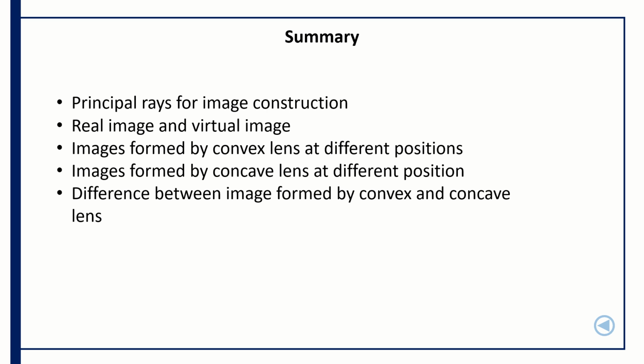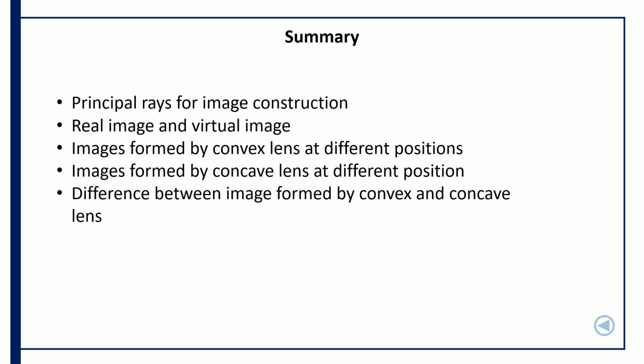Secondly, the ray passing through the optical center passes undeviated and non-refracted. Third, the ray passing through the primary focal point, after emergence, passes parallel to the principal axis. Using these three principal rays, we construct our images.